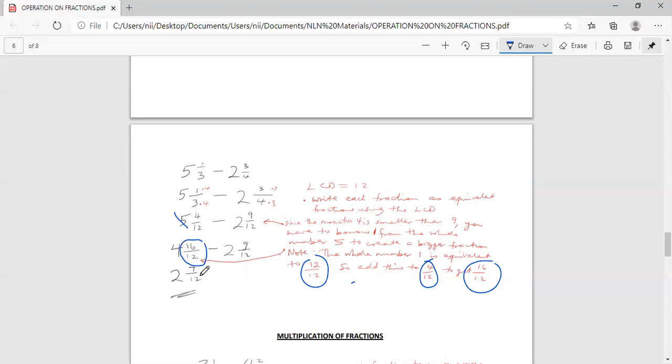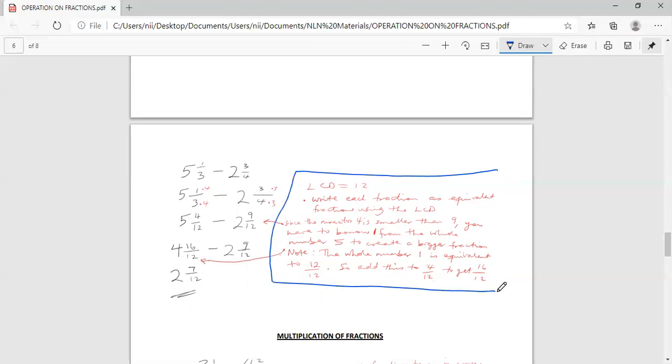So the answer is 2, 7 out of 12 parts. I hope you're finding this approach easy to use. All right, so you can pause the video and retry the problem yourself, and see if you can get it right.